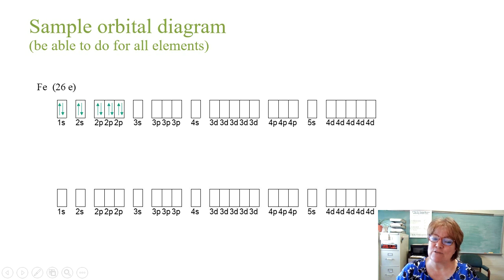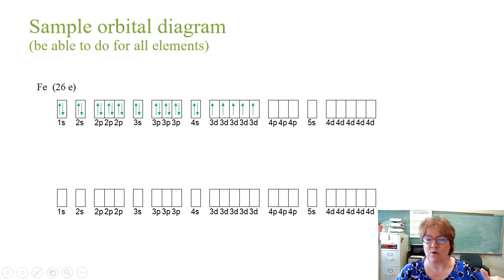And it won't make a difference if you do it wrong on the ones that are completely filled, but if you do it wrong on a partially filled one, you will get the wrong orbital diagram and the wrong answer. So the 3s would have 2, so note that I'm up to 2, 4, 6, 8, 10, 12. 13, 14, 15, remember they're all 1 at 16, 17, 18, 19, 20, 21, 22, 23, 24, 25.